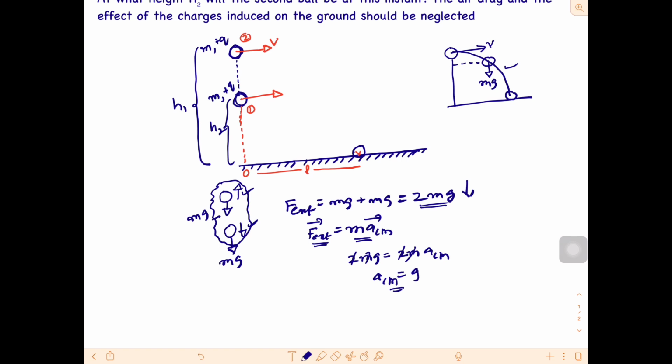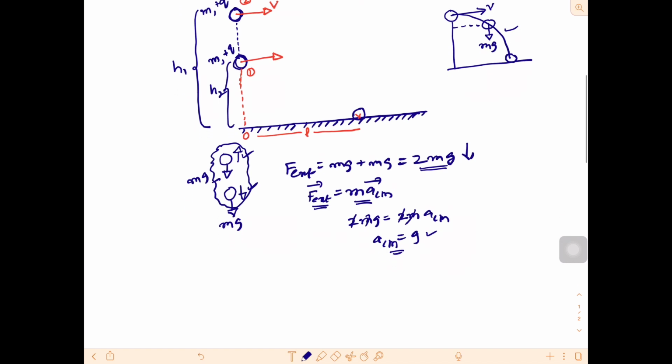Look, each particle in the absence of the electric force would have gone with g, but now since there is electric repulsion also, it cannot go with g, but there is a point called center of mass which is going with g. So center of mass would follow a parabolic path is what we can guess, but to show the path of the center of mass, which is a parabola, we should know where the center of mass is.